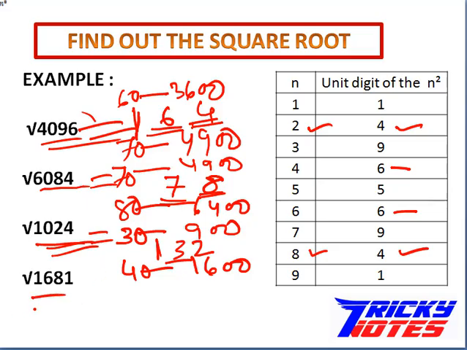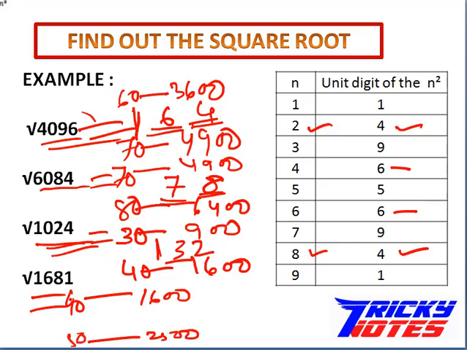Now you take some time to solve this last one. I am giving you 4-5 seconds. What is the upper limit? What is the lower limit? Of course, the upper limit is 40, which is 1600, and the lower limit is 50, which is 2500.